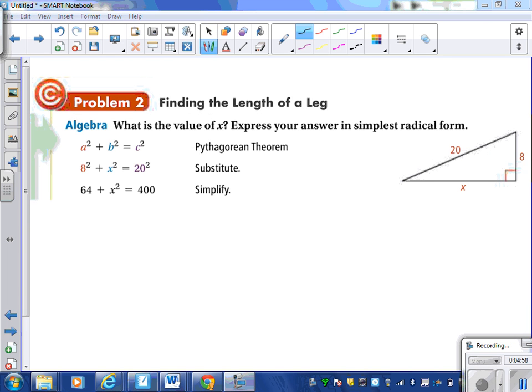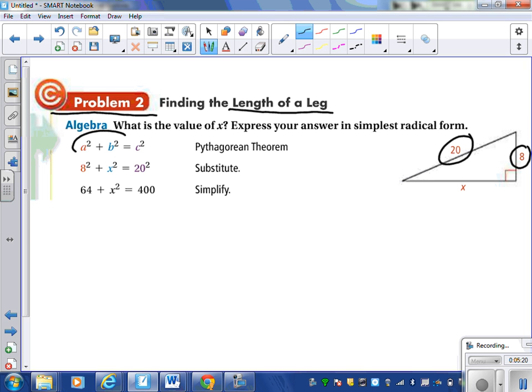Let's take a look at problem 2. We want to find the length of a lake. So if we are given a lake and the hypotenuse, what do we do to figure out that answer? We're still going to use the formula a squared plus b squared equals c squared. We just have to plug in the numbers where they belong.